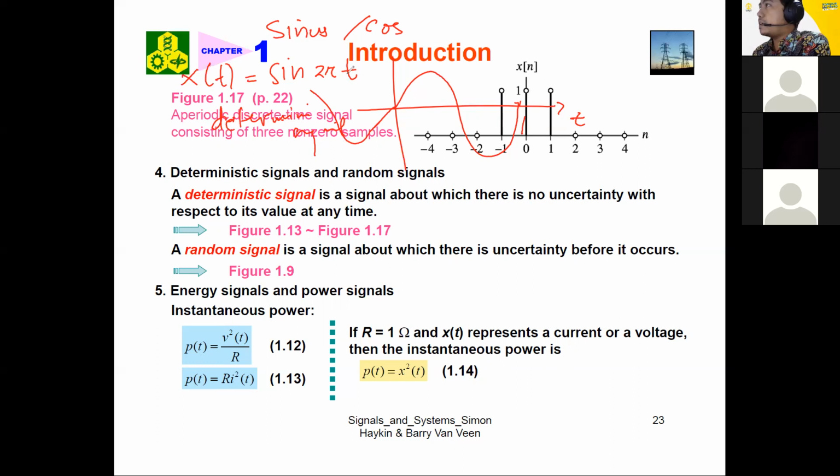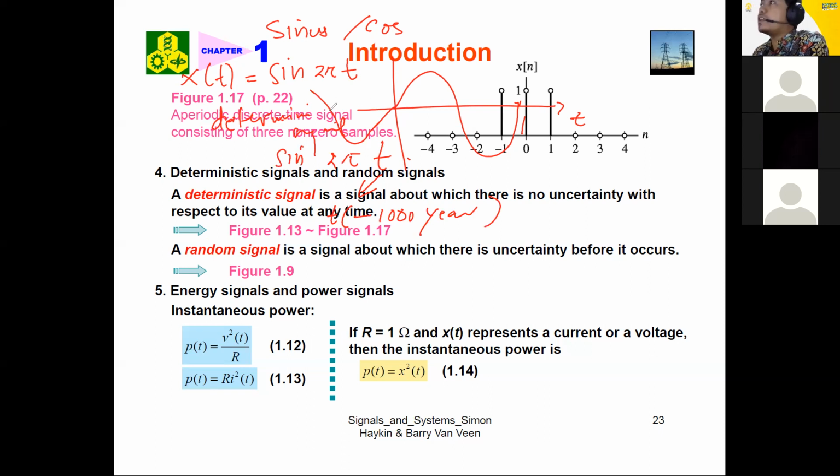For example, here sin 2pt, we can determine it even if t is minus 100 years, 100 years ago.